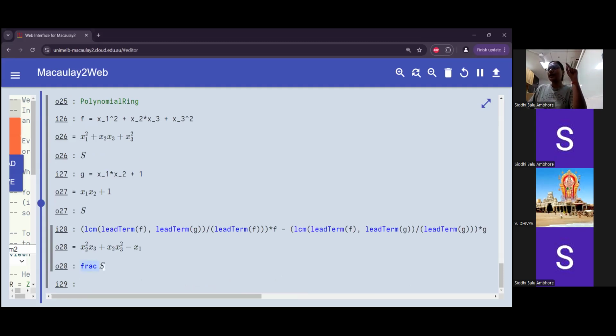Only thing is that when I get this outcome, it gives me a fraction of S and not a polynomial, because we have something in the division. So it considers the fractions of S and gives the outcome as a fraction.